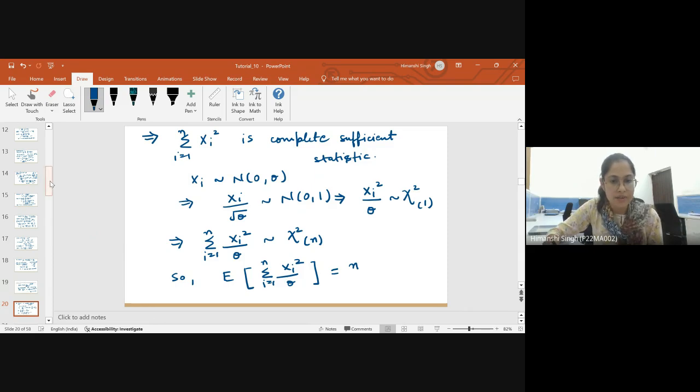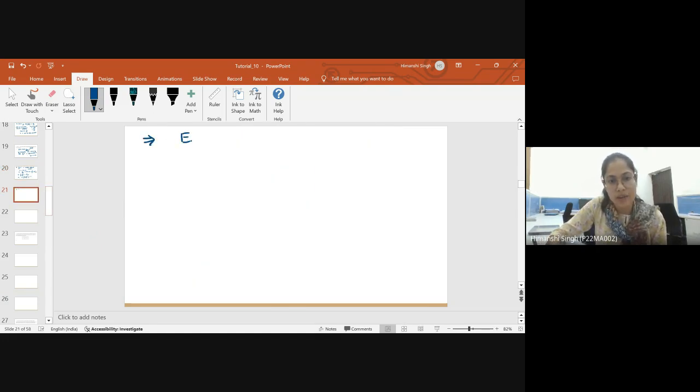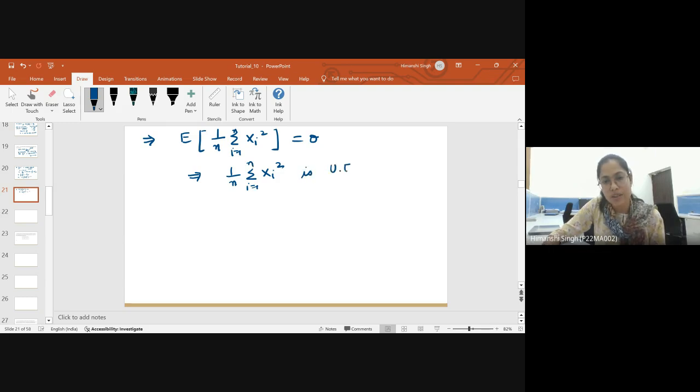So if I take this theta there and n here, this implies that the expected value of 1 upon n summation xi square, i going from 1 to n, is equal to theta. Which implies that 1 upon n summation xi square is an unbiased estimator for theta. So this is for the variance, but we are interested in theta square.